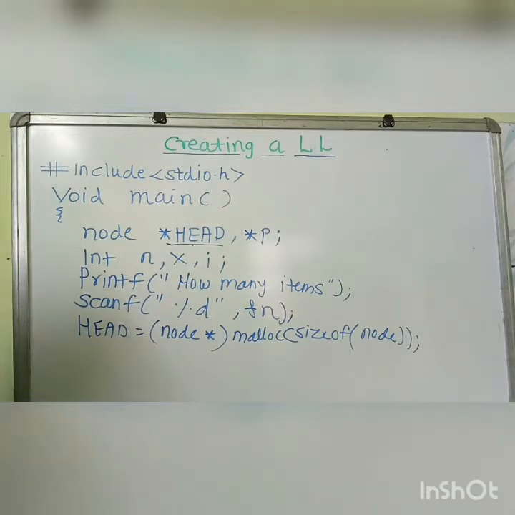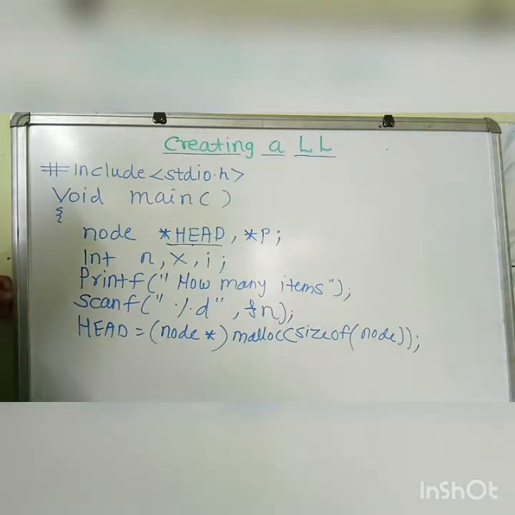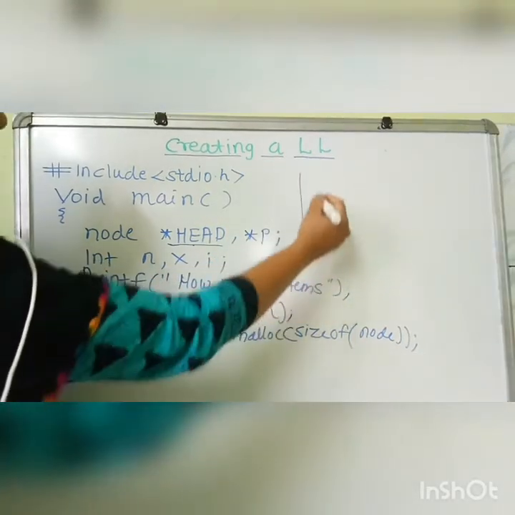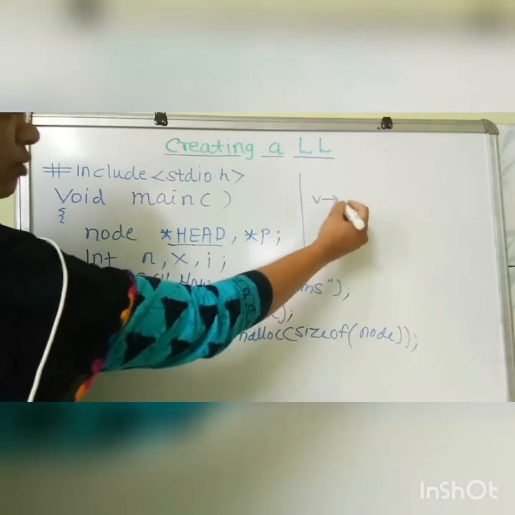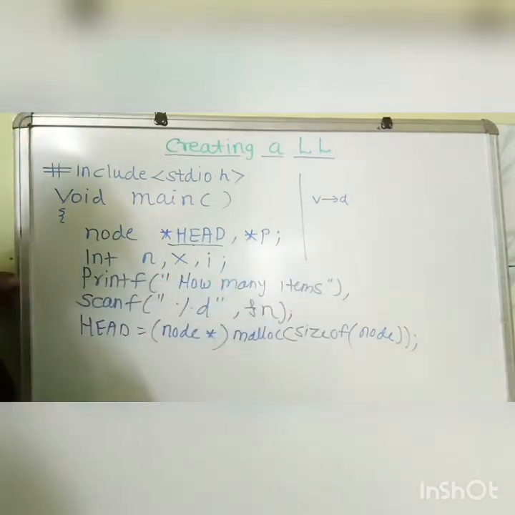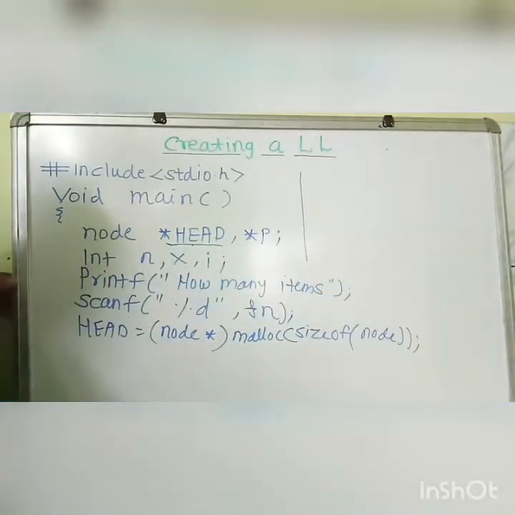First we acquire the memory, then accept the data element in it through scanf. How will it be accepted? As it is a structure type, when we use a structure we have to use the variable, pointer, and then the data item name, so we use the arrow as the member accessing operator.